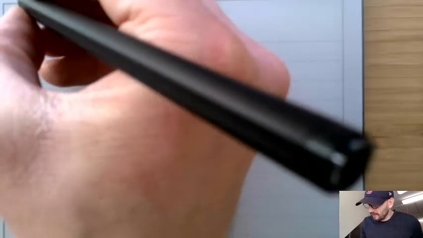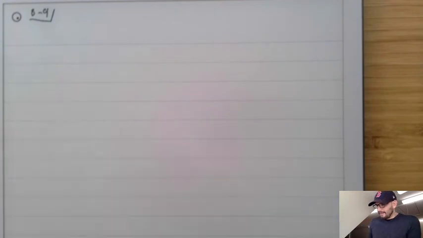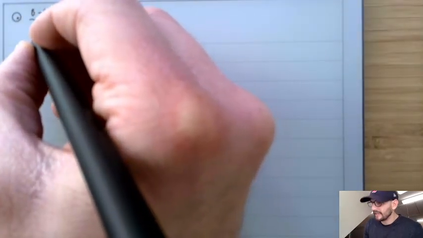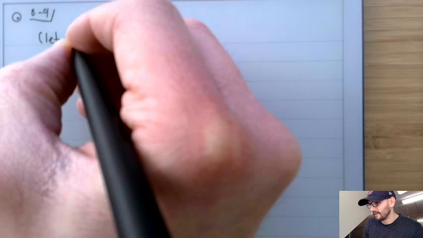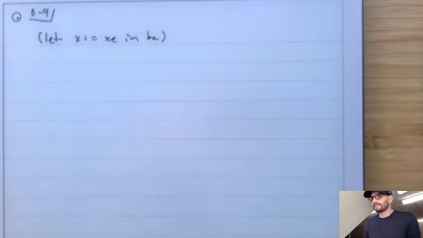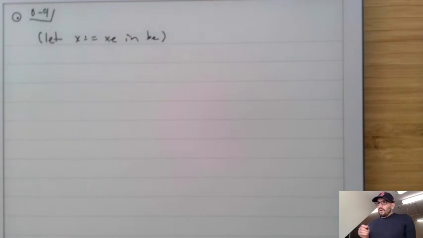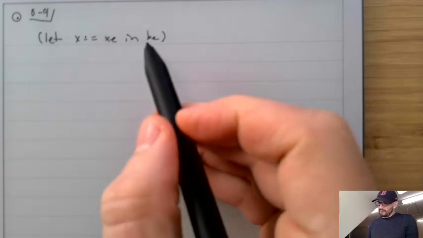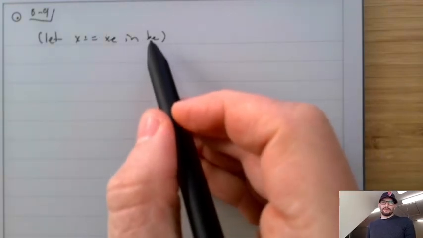Another example of this is that when we're doing the optimization, we could do something like the following. This is 8 and 9, I believe. Imagine that we're looking at a let statement: x is equal to xe inside of be. What we could do is figure out what variables be uses.